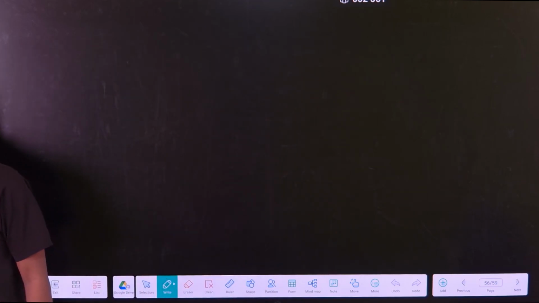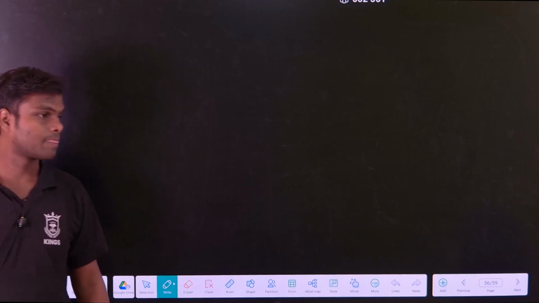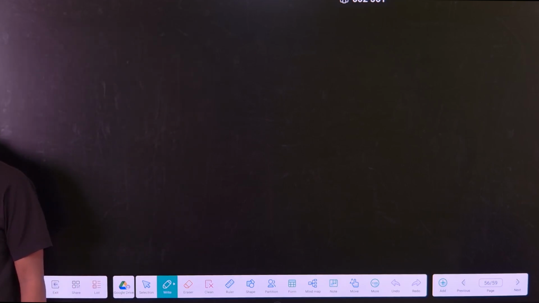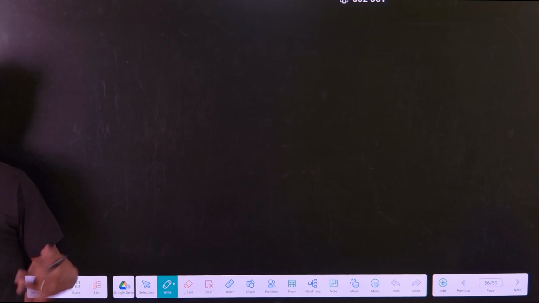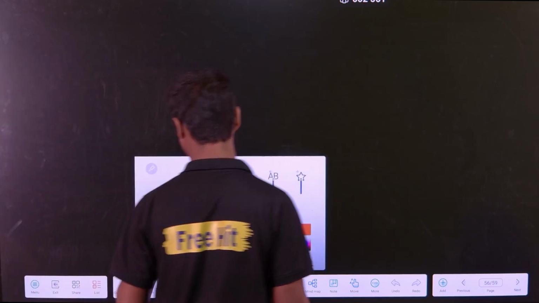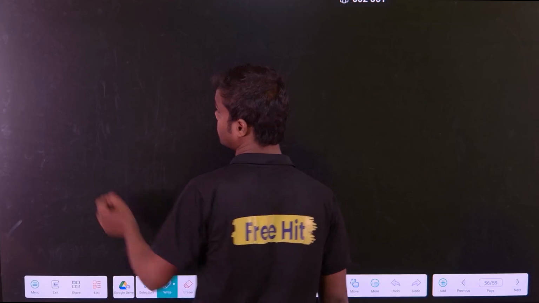Now there are some special problems they ask you in the exam. Basically they will give you some circuit like this. Let me take one example, then it will be clear.